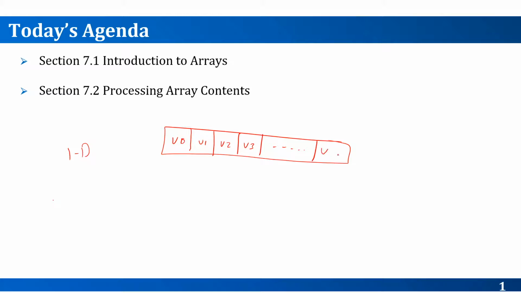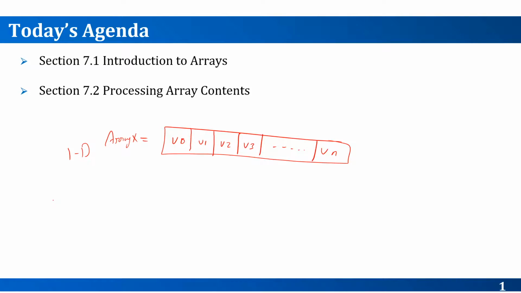So n of these could be stored in a way like this. That is a single entity. That could be array x, which contains n data points or values stored next to each other in that way. So that's what an array is in its simplest form.